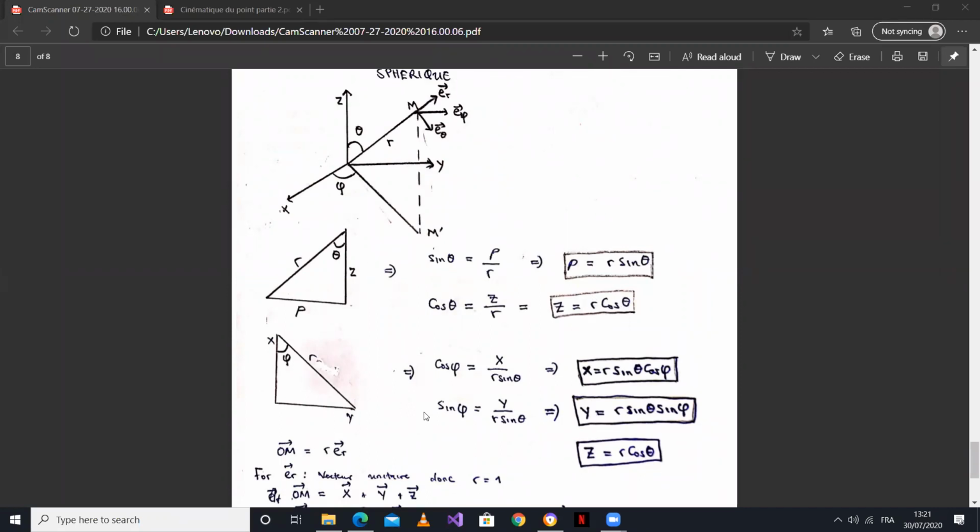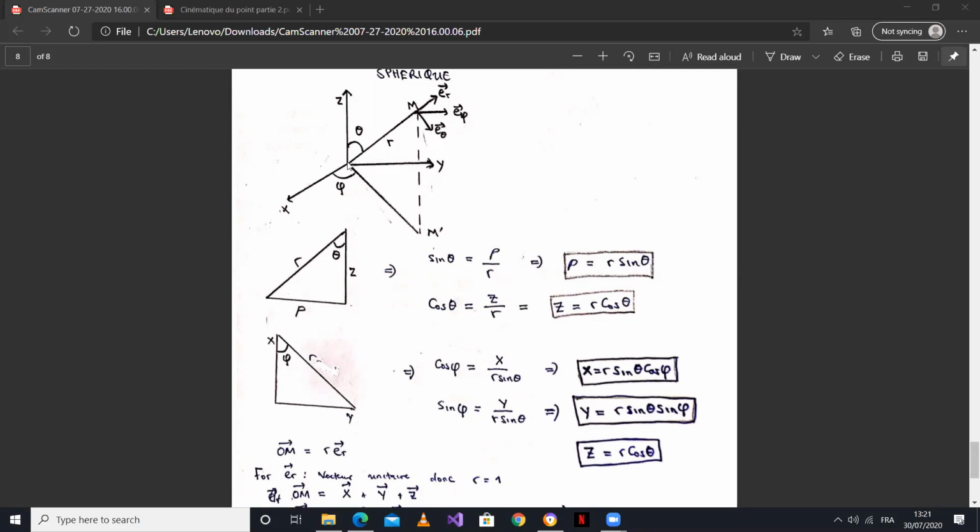Then from here, we need to find the expressions for X and Y. So we need to extract another triangle that we are going to use to find the expressions for X and Y. We are going to use the same triangle we used yesterday. That's why I told you, if you revised what we did yesterday, today's work should be relatively simple for you.